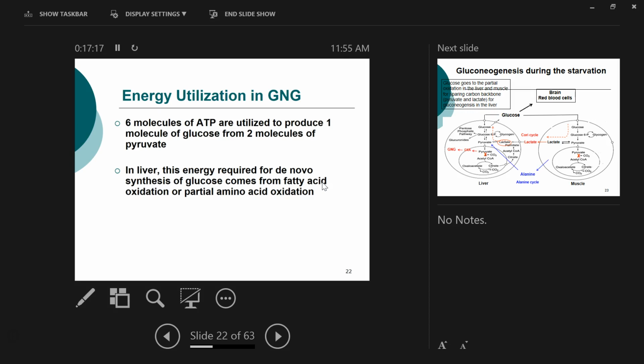The liver is the place that synthesizes glucose. That's gluconeogenesis. So we don't want to use a lot of glucose as ATP source for gluconeogenesis in the liver; we want to spare glucose and release it to the circulation to be picked up by the brain and red blood cells. Those tissue cells heavily rely on glucose for energy, right? So that makes sense: for gluconeogenesis, the energy comes mostly from fatty acid oxidation and also amino acid oxidation, right?